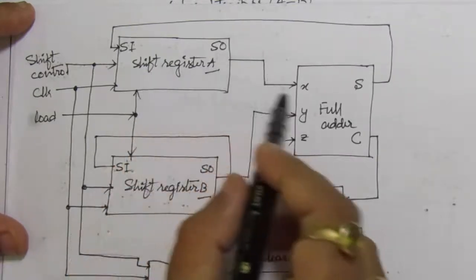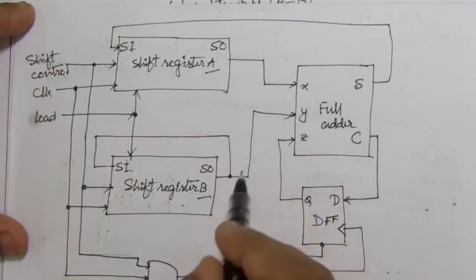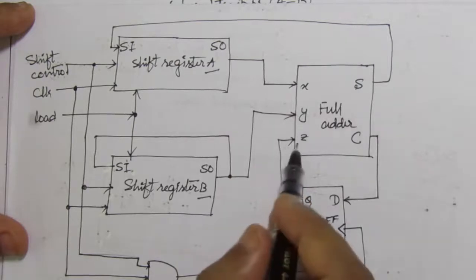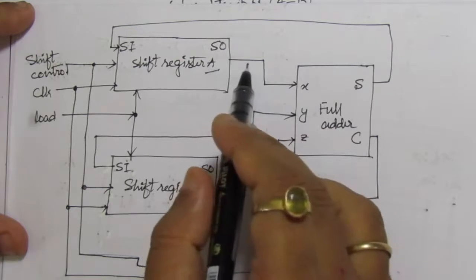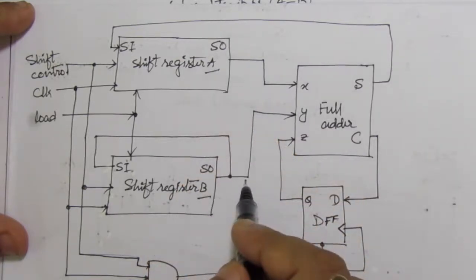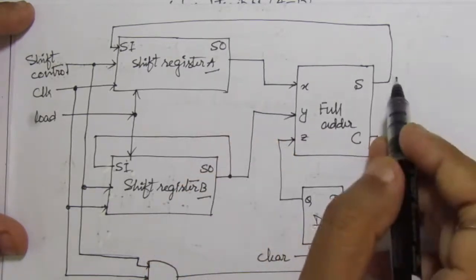We are getting A directly here, and we are getting the 1's complement of B here, and if we add 1, we will get the 2's complement. That is, we are adding A to the 2's complement of the subtrahend number. So here we will get the difference.